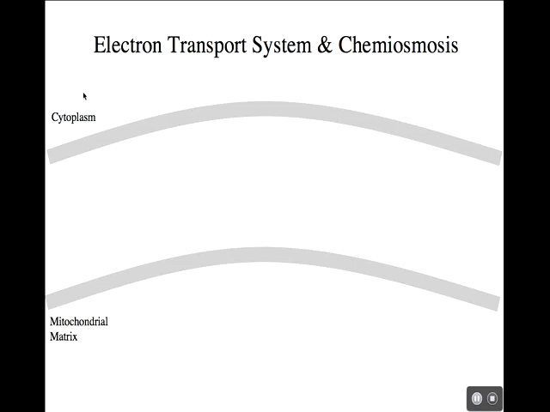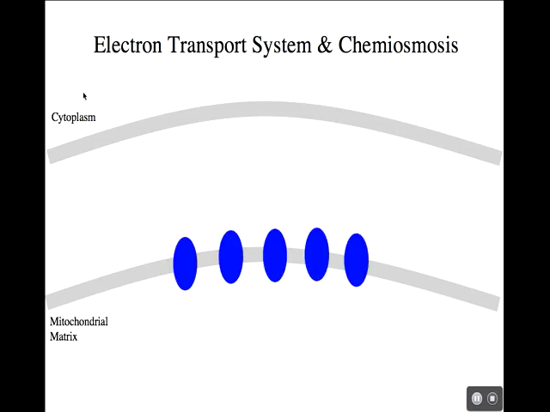Now it turns out that the electron transport system is mainly made up of a whole series of proteins that are located in the inner membrane of the mitochondria. So in blue here are our ETS proteins located in the inner mitochondrial membrane. Now what's going to happen is NADH is going to show up. Remember, NADH was formed during glycolysis and TCA.